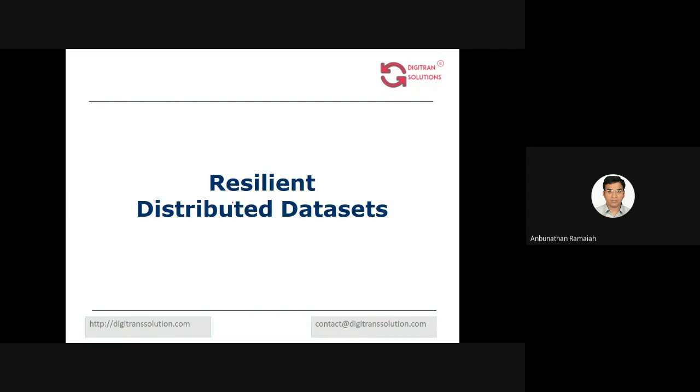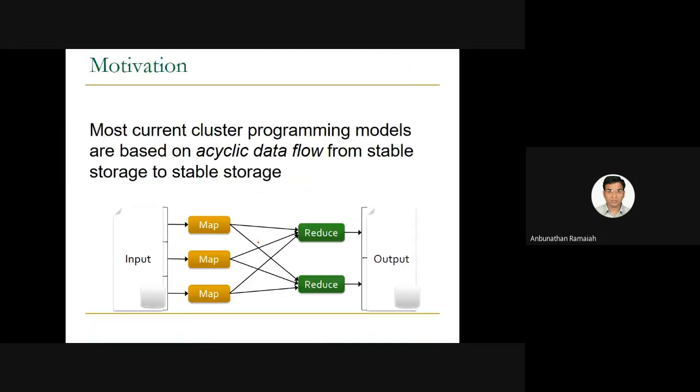So resilient distributed data sets, that is RDD basically. So what is RDD? The motivation is that most current cluster programming models are based on acyclic data flow from stable storage to stable storage. So we are using map and reduce: input we are giving, output we are getting.